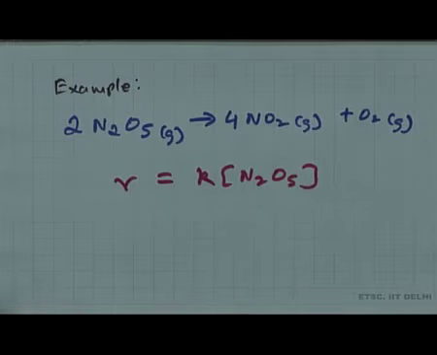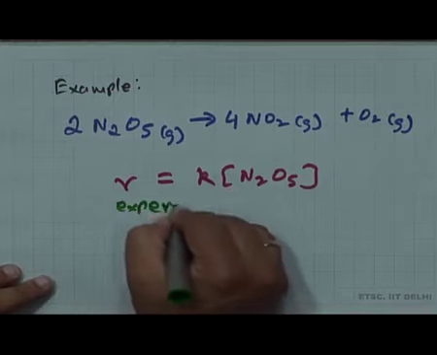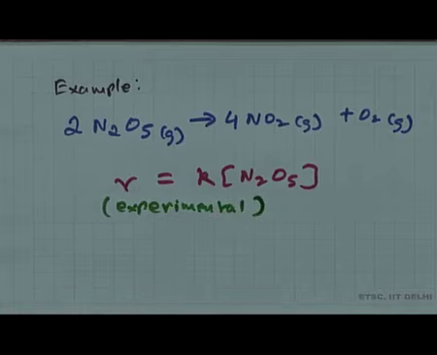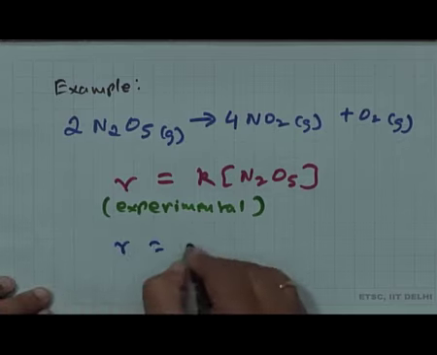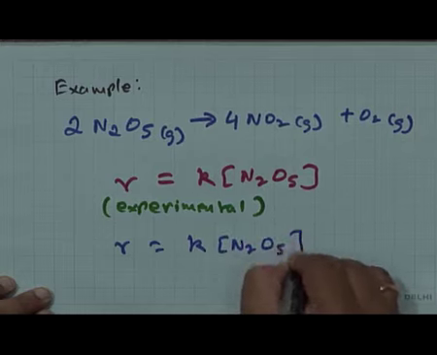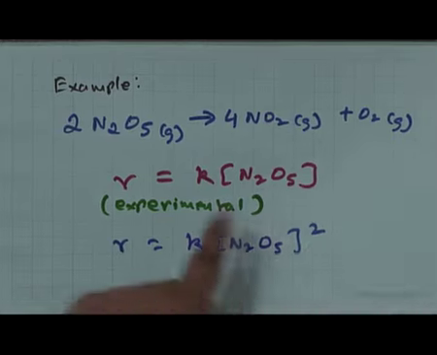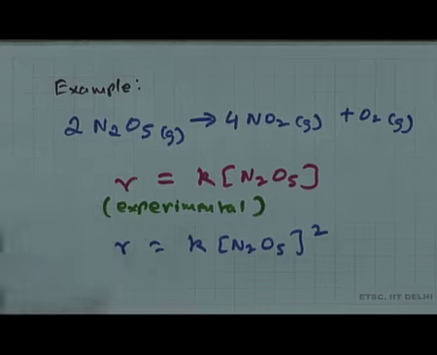So, this is experimental, but had the reaction been elementary in nature, R would have been equal to K into N2O5 raised to the power 2. So, that is the overall order 2 equal to the molecularity of the reaction which we get from the balanced form of the equation.